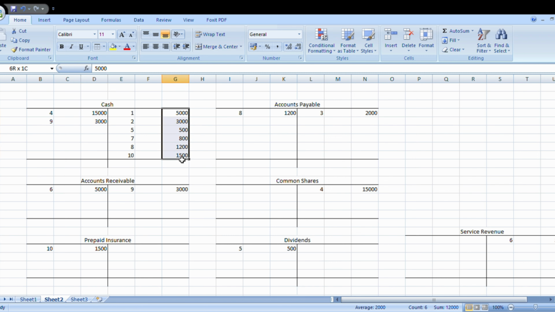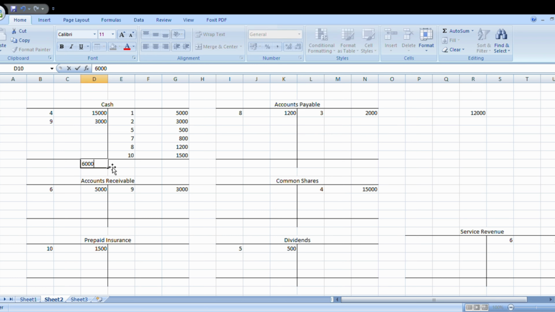And this credit balance, if we just calculate this, this is coming out to be 12,000. The total of this is 12,000 and the total of this is 18,000. So we know that debit side is greater, the left side is greater by how much? By 6,000.